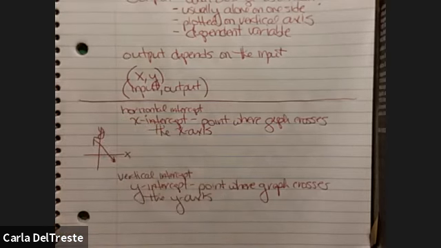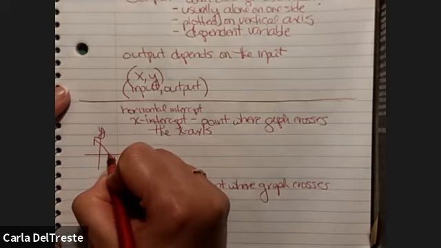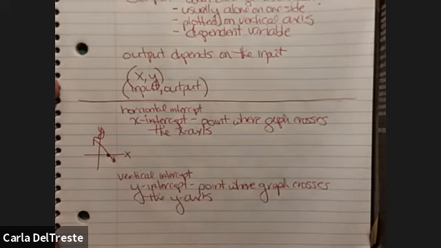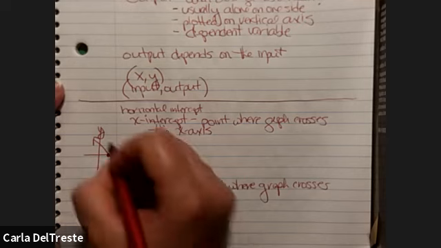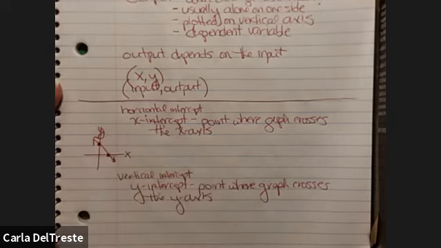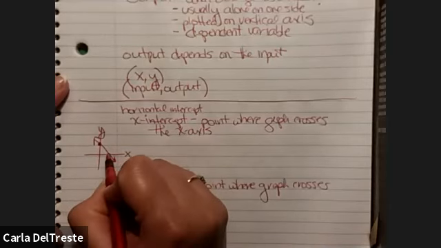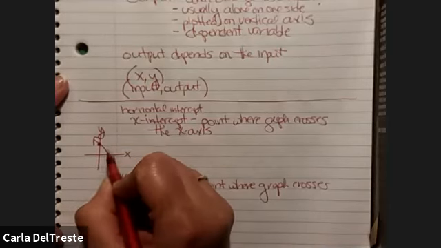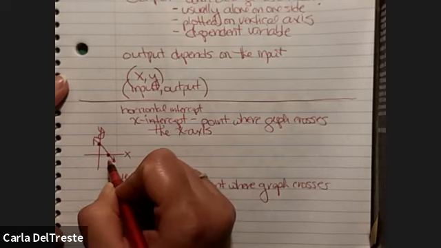So if I were to make a little sketch of a linear function over here, I can identify that this is my x-intercept. That's the point where the line is crossing the x-axis. And this is my y-intercept, okay? Now, let's think about what that means, because this is going to lead us into our table definition. If I'm on the x-axis, I did not move in the vertical direction at all.